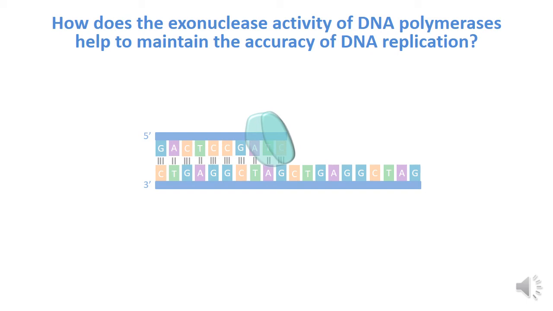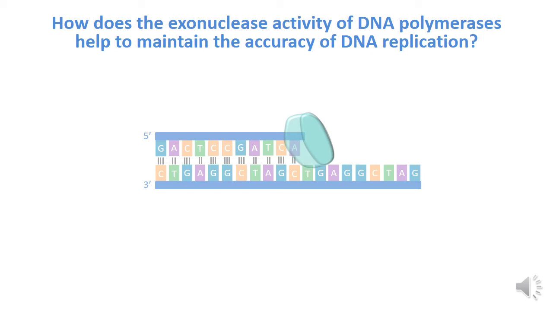Is it matching? Yes. Cytosine is complementary to guanine and we can see 3 hydrogen bonds there. So it is properly matched. Therefore, the enzyme will move forward and allow the next nucleotide to enter and form hydrogen bonds.